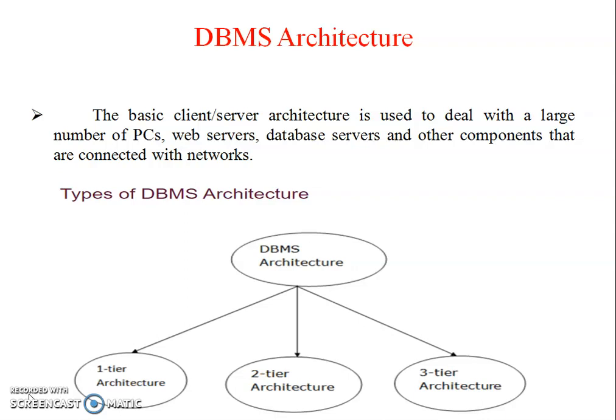The first tier database architecture is used for development of local applications where programmers can directly communicate with the database for quick response. Basically, the two tier architecture and three tier architecture are mostly used in database.